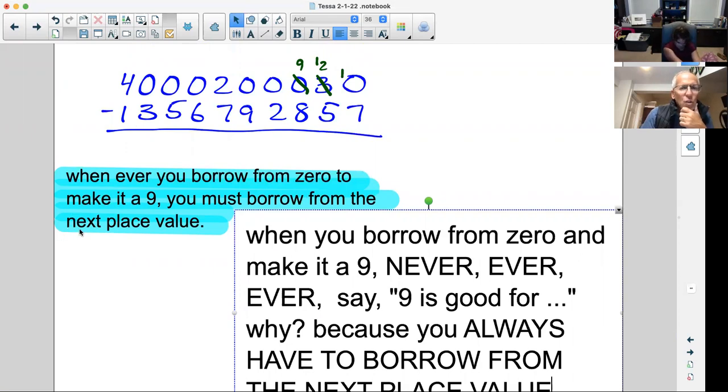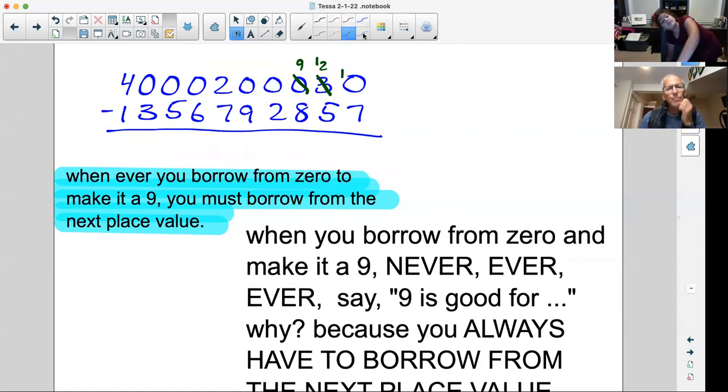Okay, Tessa. Start again at the beginning. You can use what you have here. 0 is too small for 7, so you made it a 10. Continue. 3 is too small for 5, so No, Tessa, you borrowed from 3 and you made it a 2.